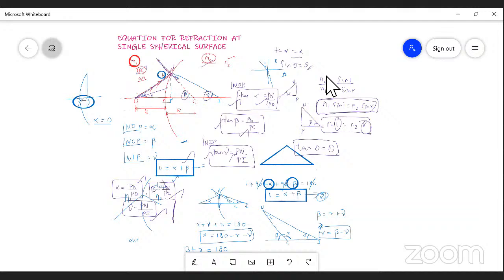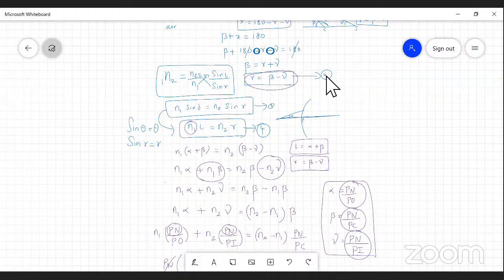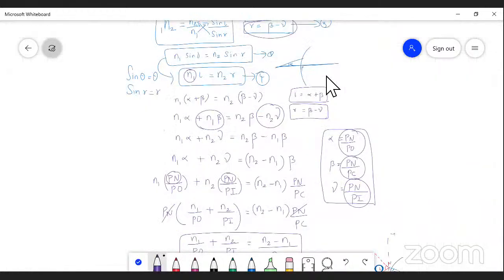See this, Snell's law: according to Snell's law, n1 sin i is equal to n2 sin r. Substitute the value of i and the value of r.